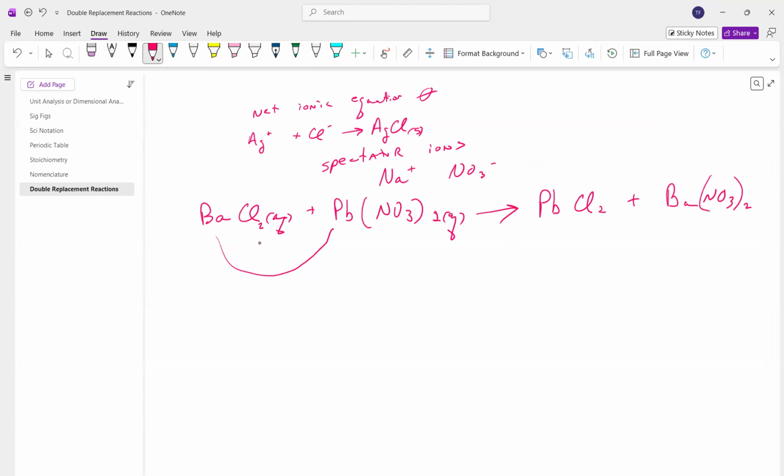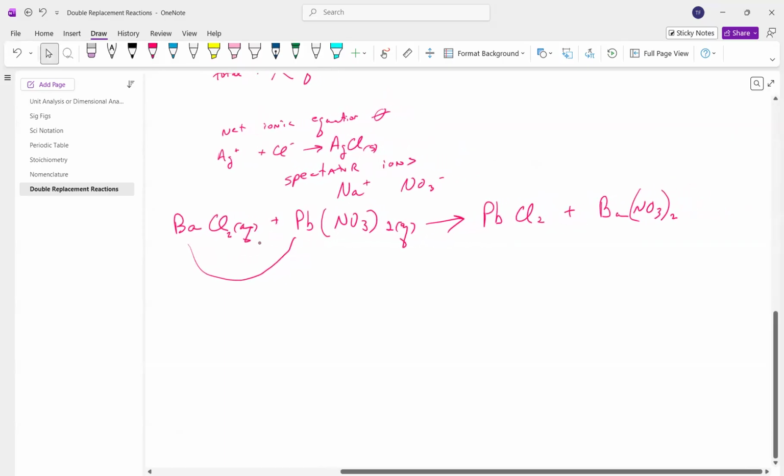Okay, so it's balanced now. So, new combination is lead chloride, black or white? Lead chloride, is chlorine lead, Pb? Lead?